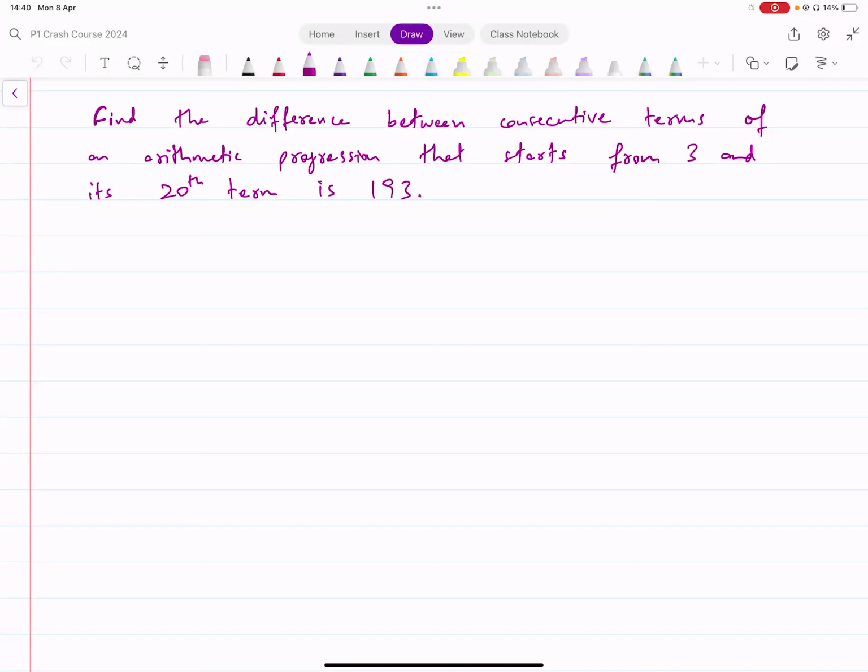So you can have something like this, that you have the nth term given. So in this case, the 20th term is given, and you have to find the value of the difference.